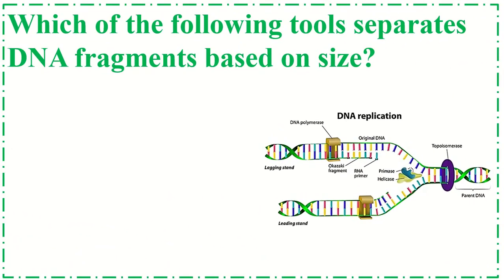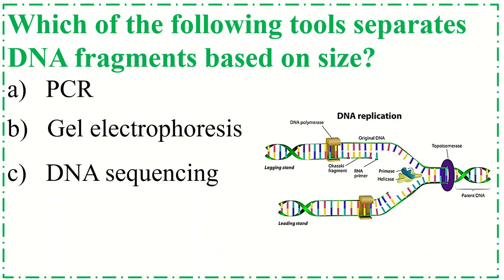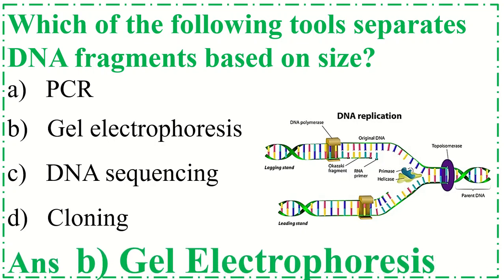Which of the following tools separates DNA fragments based on size? Option A PCR, B gel electrophoresis, C DNA sequencing, D cloning. So the correct option is B, gel electrophoresis.